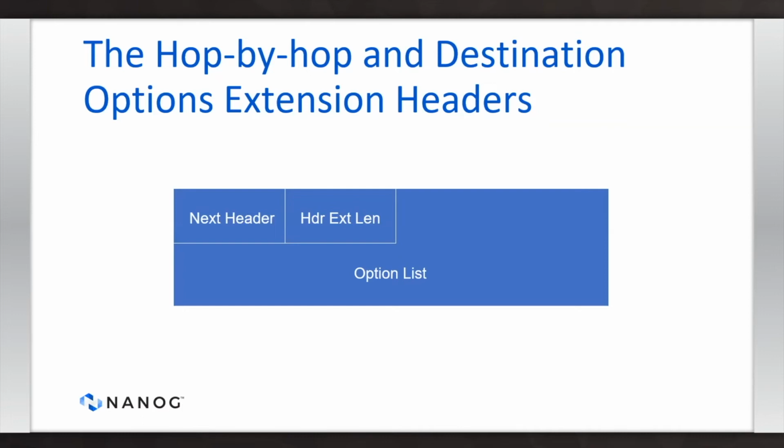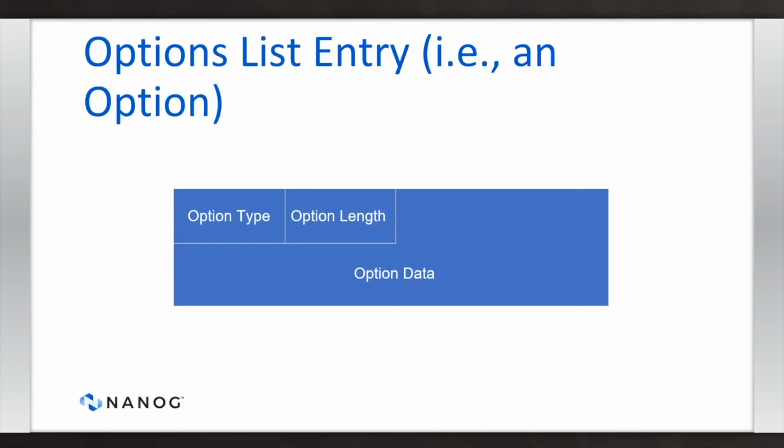And another interesting thing, the maximum length of these two extension headers, the extension header length is 8 bits long. So theoretically, the extension header can be 2K long. Now, the hop-by-hop and destination extension headers carry one or more options. And this is what an option looks like.